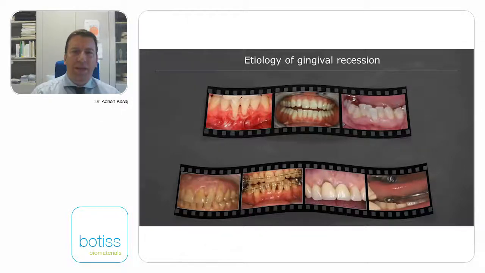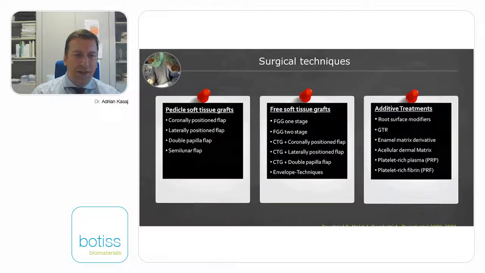So when it comes to the surgical techniques, over the decades, numerous techniques were described in the literature. According to Bouchard, we can divide these techniques into 3 groups. So we have the pedicle soft tissue grafts, where we are actually mobilizing soft tissue adjacent to the recession defect and trying to cover the recession defect with the soft tissue.